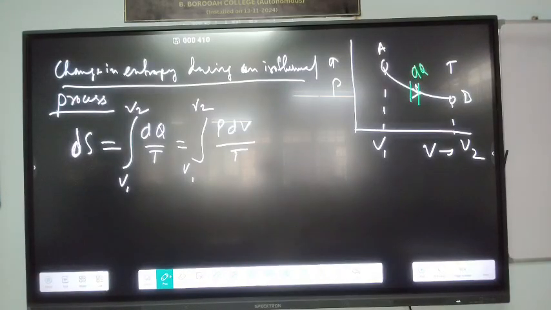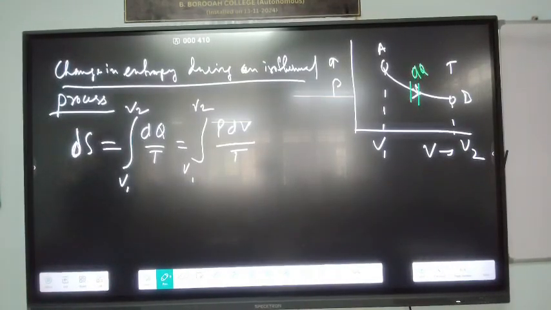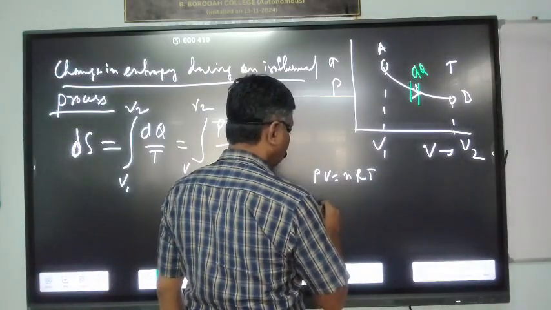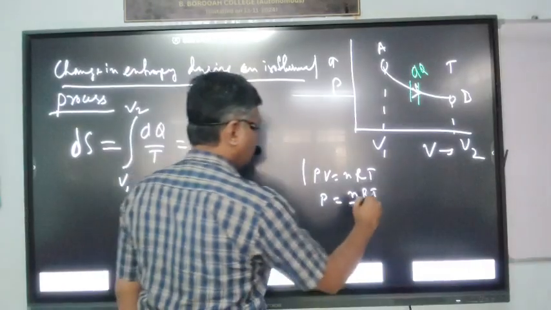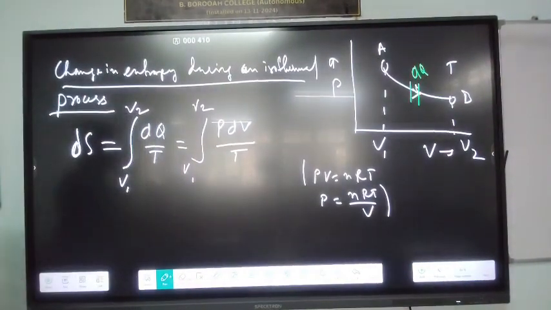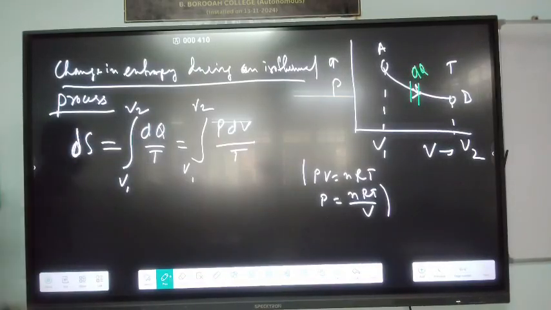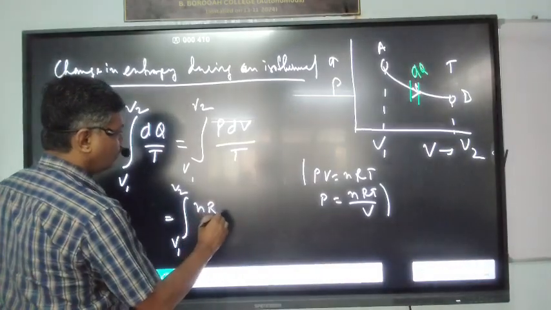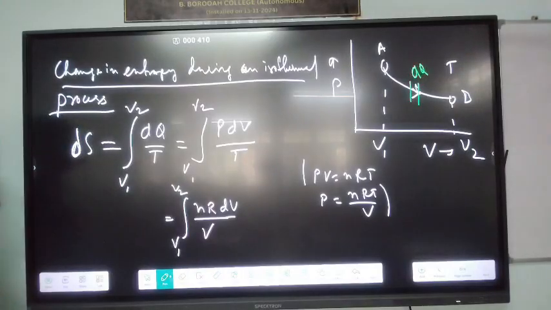Again you write this P in terms of V. PV equal to nRT, no? So P will be equal to nRT by V. So ultimately T will cancel out. So what I will have is nR dV by V. So I will take the integration.